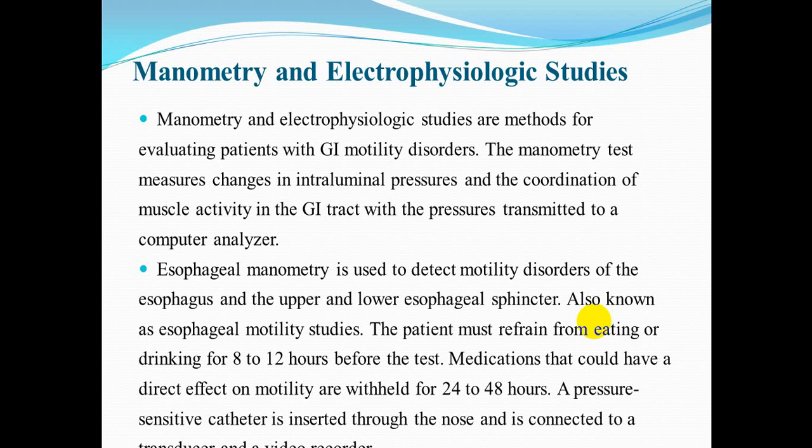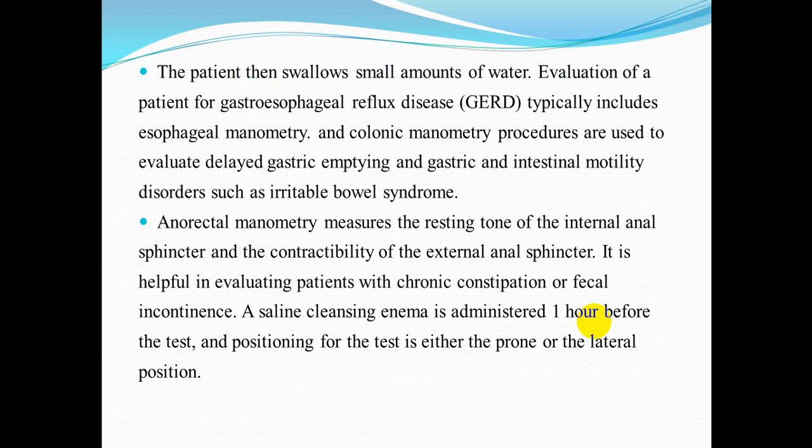Medications that could have a direct effect on motility are withheld for 24 to 48 hours. A pressure sensitive catheter is inserted through the nose and is connected to a transducer and video recorder. The patient then swallows a small amount of water.